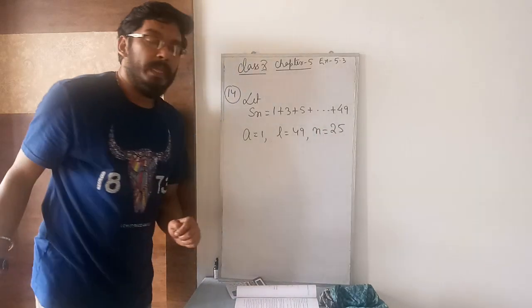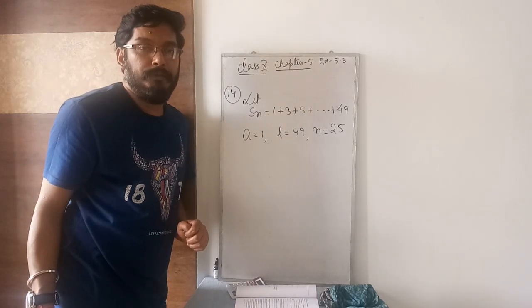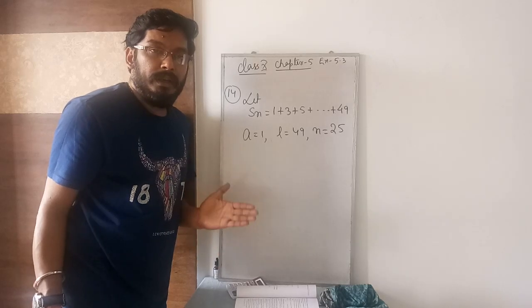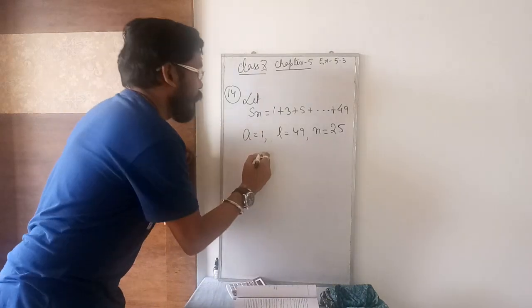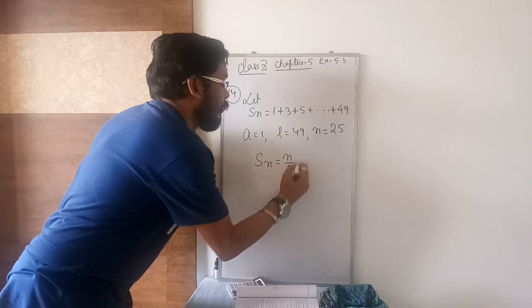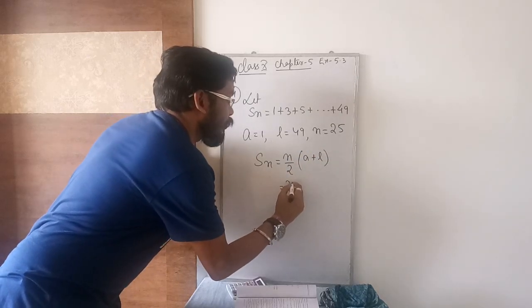I repeat again, you have to find the sum of odd numbers between 0 and 50. Between 0 and 50 there are 50 numbers where 25 are odd and 25 are even. So Sn equal to n by 2 into (a plus l). Here your n is 25.